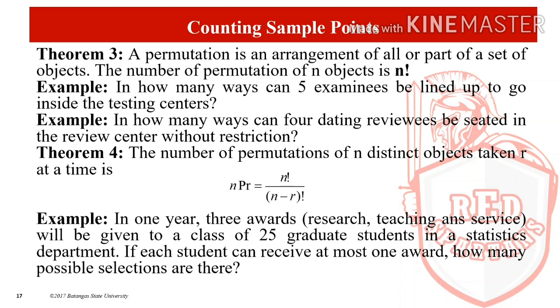So, kagaya nito, example, in 1 year, 3 awards, the research, teaching, and service, will be given to a class of 25 graduate students in a statistics department. If each student can receive at most 1 award, how many possible selections are there?